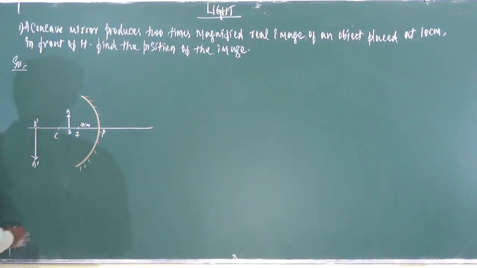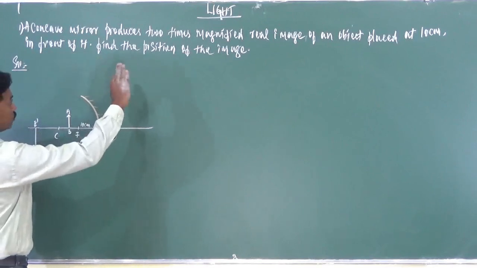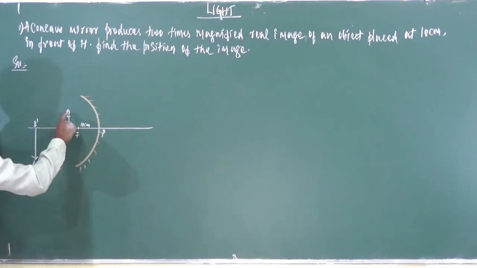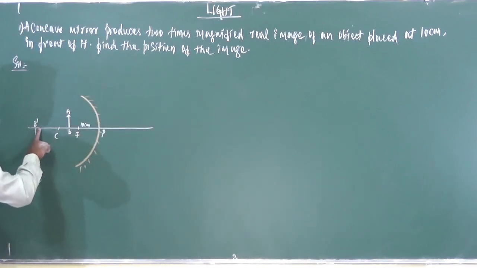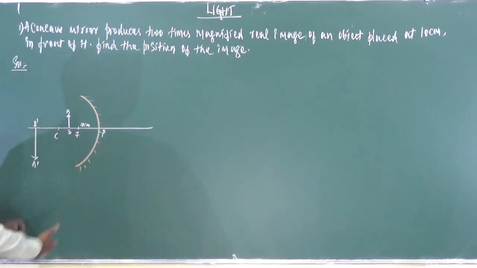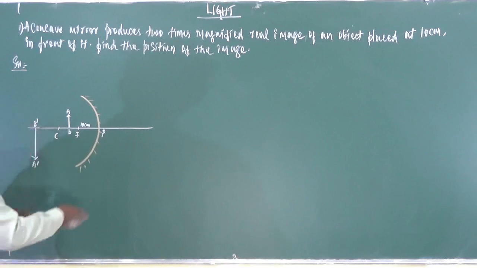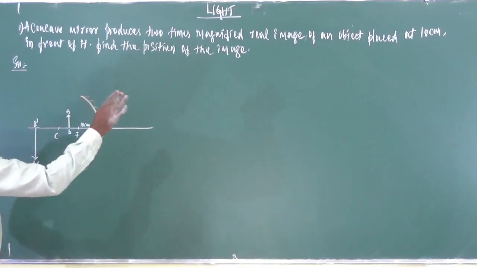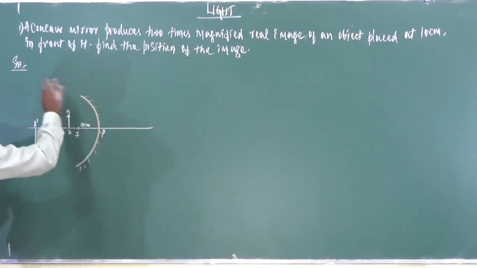This is how it has happened. A concave mirror produces 2 times magnified image. For example, if this is X centimeters, this will be 2X centimeters. If it is 5 centimeters, this will be 10 centimeters, something like that. So it is magnified. So 2 times magnified real image of an object placed at 10 centimeters in front of it.